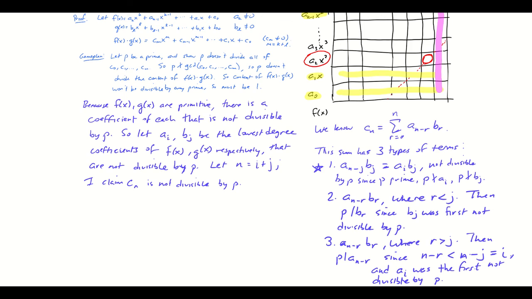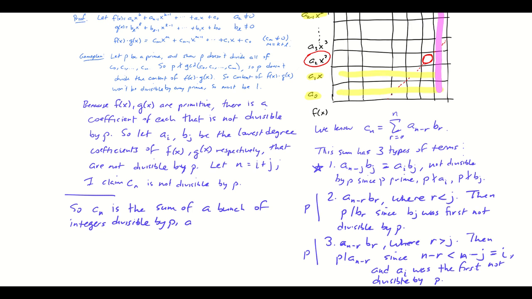Okay, so it has three types of terms. This one here, which is not divisible by p. This one, which is divisible by p, so p divides this, and p divides all of these. So all the coefficients here add up to something divisible by p, and then they get thrown off by this one term here. All right, so just to sum that up, c sub n is the sum of a bunch of integers divisible by p, and exactly one that isn't.